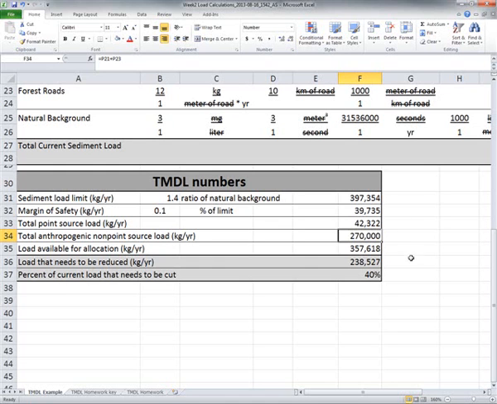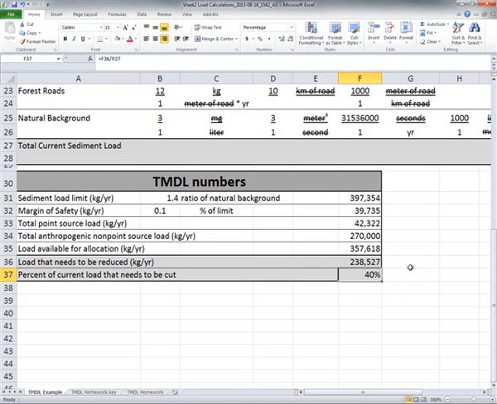and my load that needs to be reduced then is my current load minus the load limit here. And so the current load was totaled up above right here, and my load limit is calculated, and now I need to reduce by 238,000 kilograms per year, which is a 40% reduction.